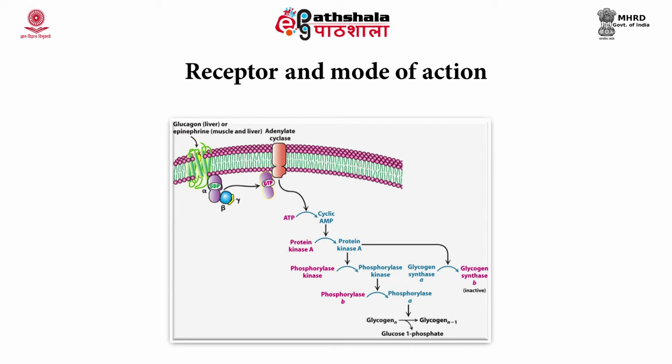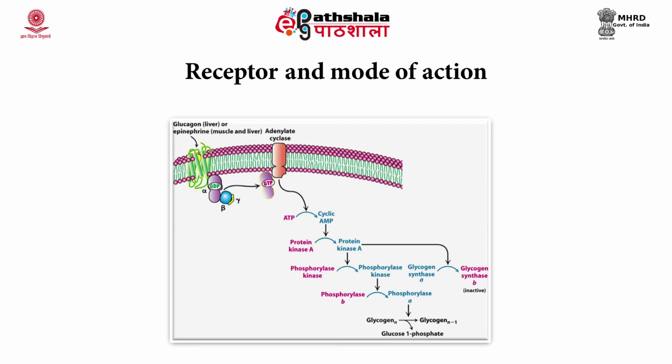When glucagon binds with the receptor, conformational changes occur in the receptor which activate the G protein. This activated G protein replaces the GDP molecule attached to the alpha subunit with GTP. Now, this alpha subunit with GTP detaches from the beta and gamma subunits, and the alpha subunit activates the enzyme adenylate cyclase, which in turn converts ATP into cyclic AMP.